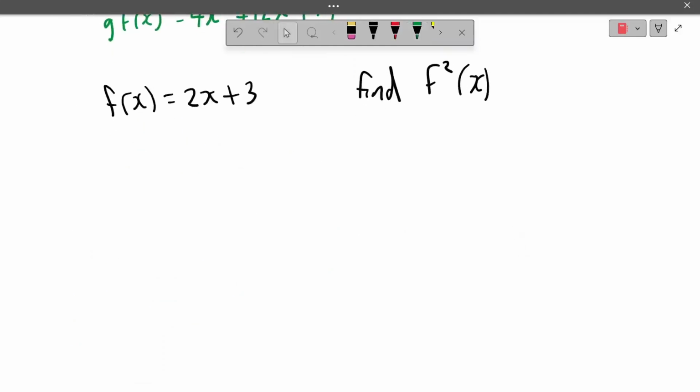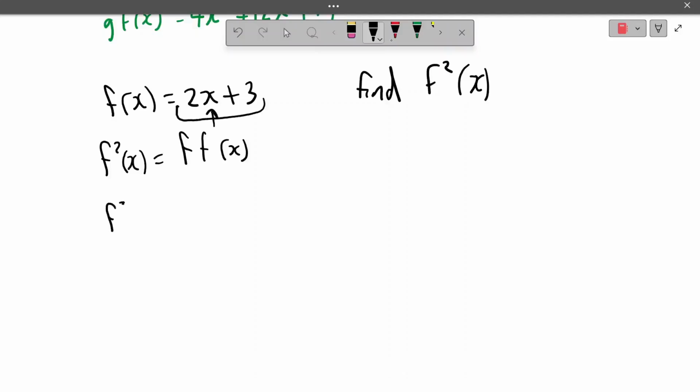So f of x is 2x plus 3. Find f with a little 2 at the top, or f squared of x. So this one's slightly quirky, because what we really have is f squared of x, that's the same as f of f of x. So what we're doing is we're going to plug our equation into itself.